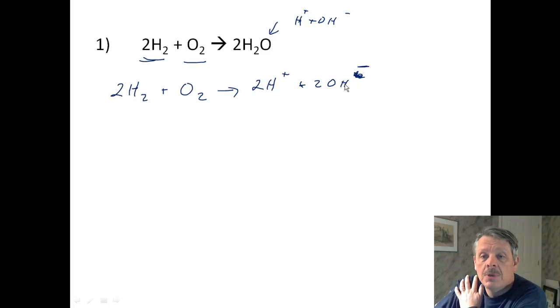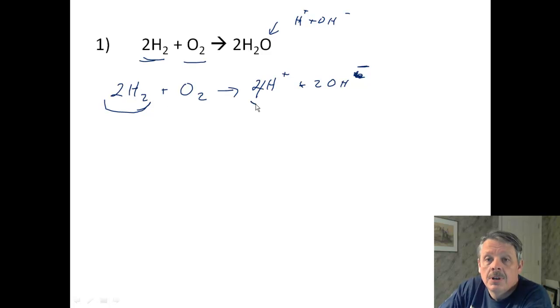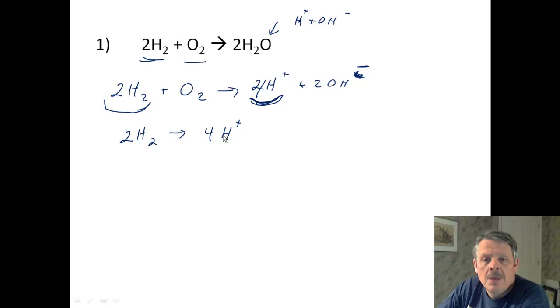And what happened? We have electrons that have moved. Let's track these. We actually have four hydrogens over here. We have two H2s, which have become four H pluses. When it became an H plus, we lost an electron, so in fact we lost four of them.